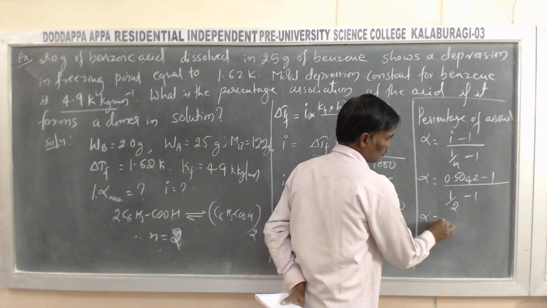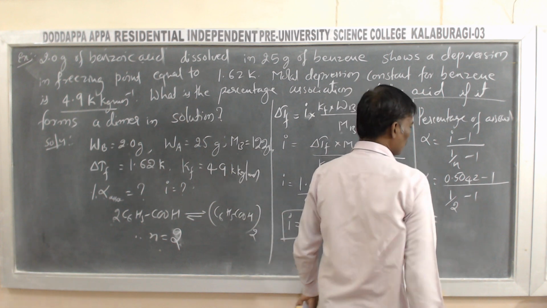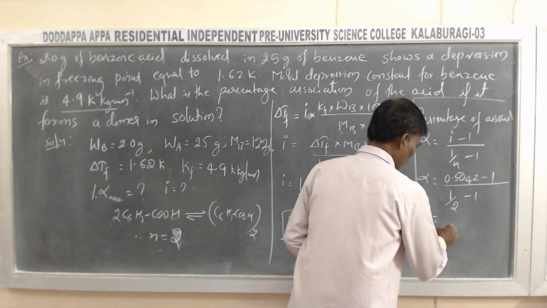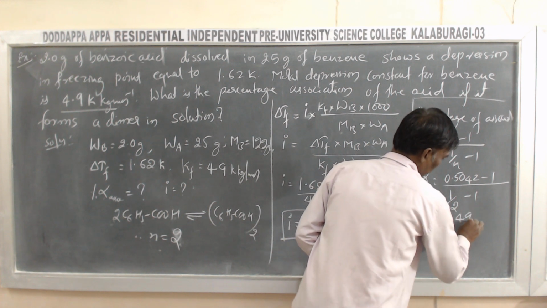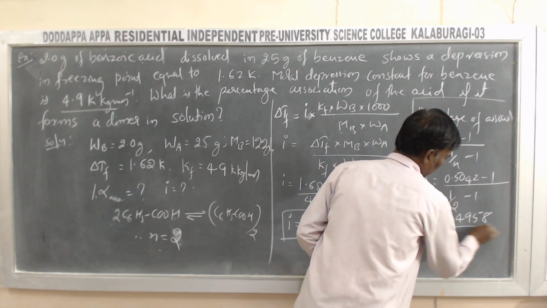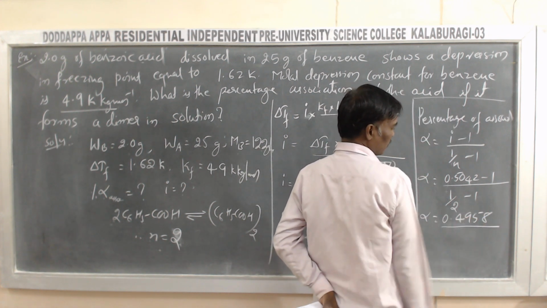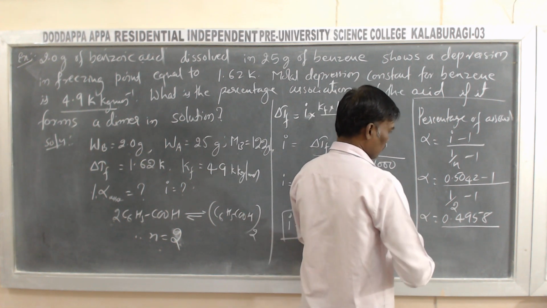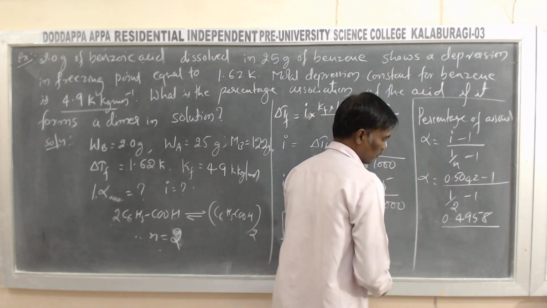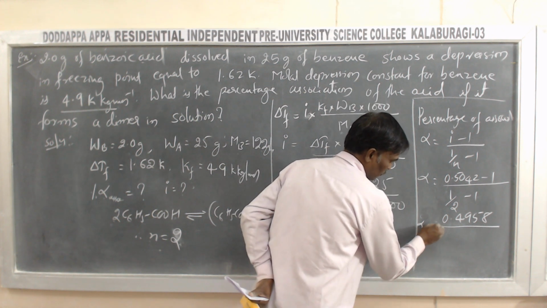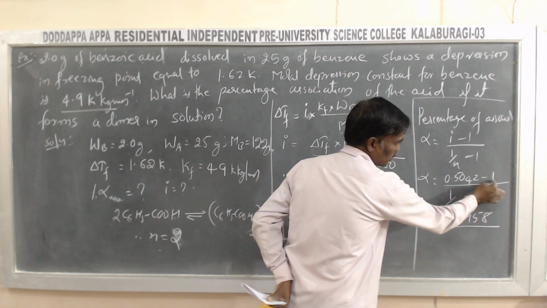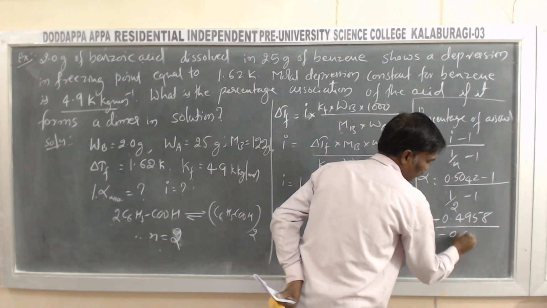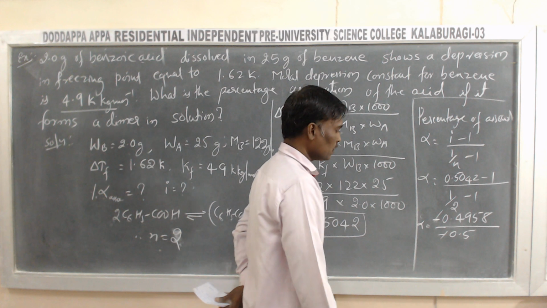Now alpha is equal to, in the numerator 0.5042 minus 1, we get here 0.4958 divided by half minus 1. Okay, half minus 1 is minus half. Half is nothing but 0.5. In the numerator it is minus, since 1 is greater, and in the denominator minus 0.5. So minus minus get cancelled.